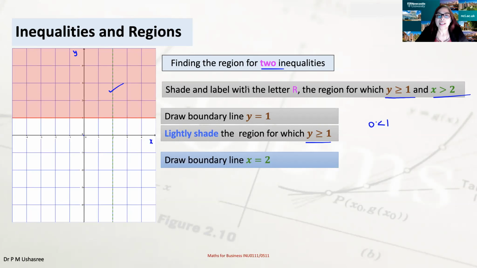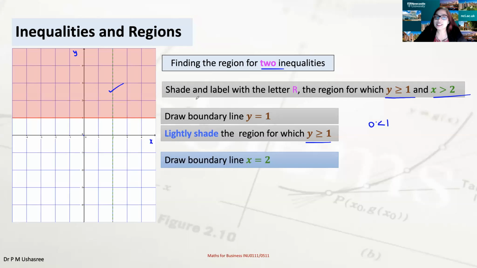Now look at that. I've used dotted lines. Why did we use the dotted line? It's because it's just greater than, we have no equality sign here. That is, x is not equal to 2. x is greater than 2.